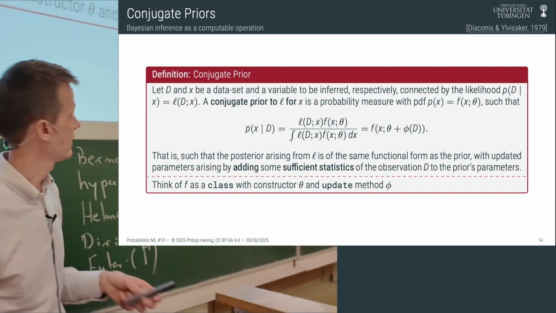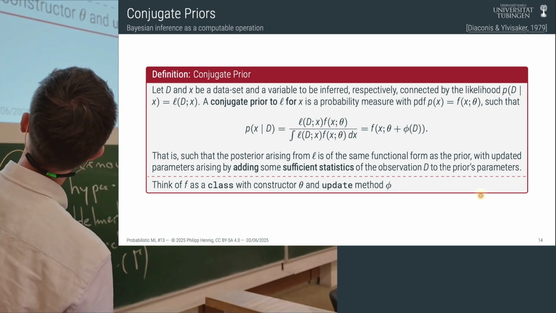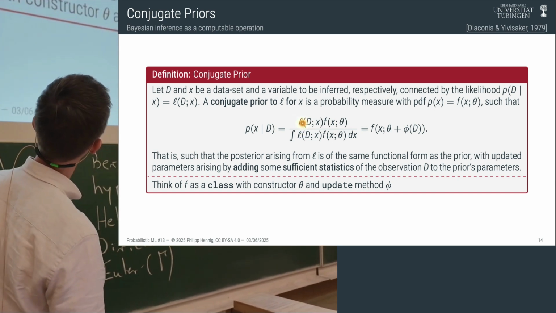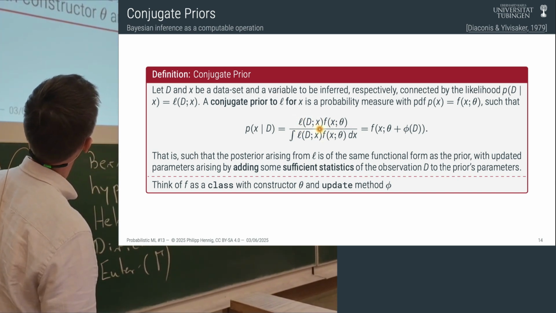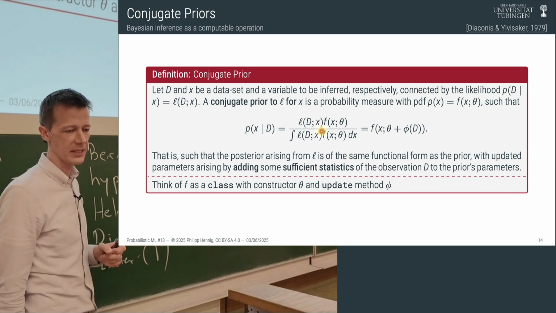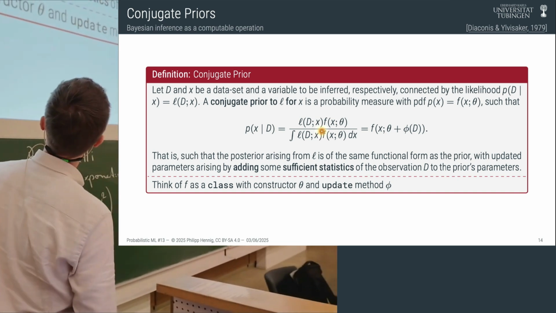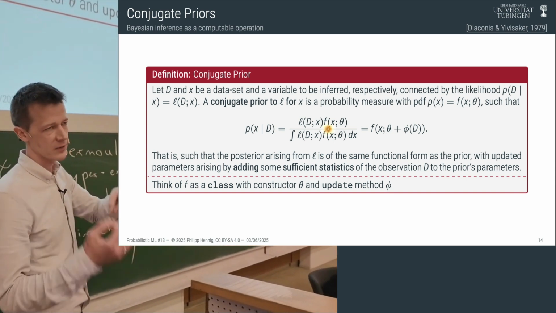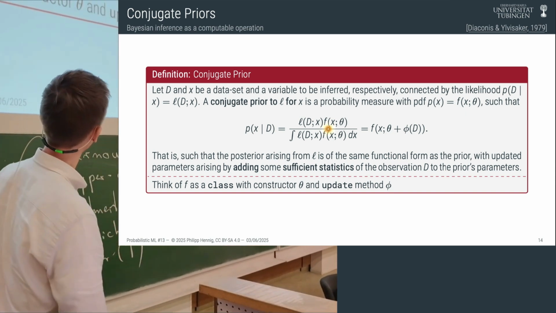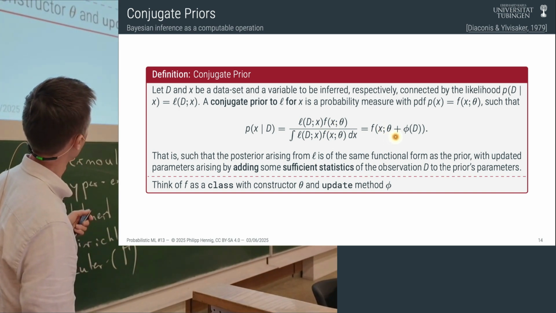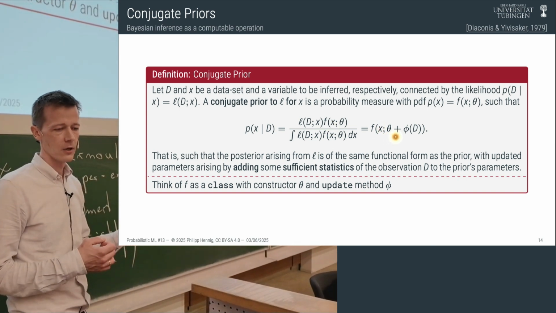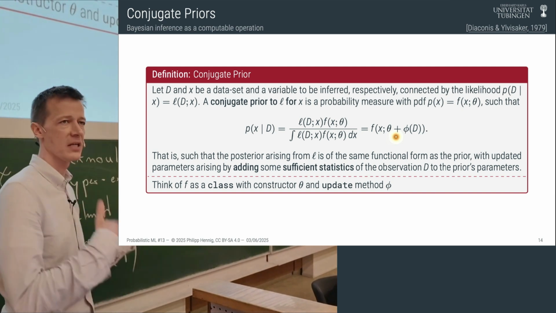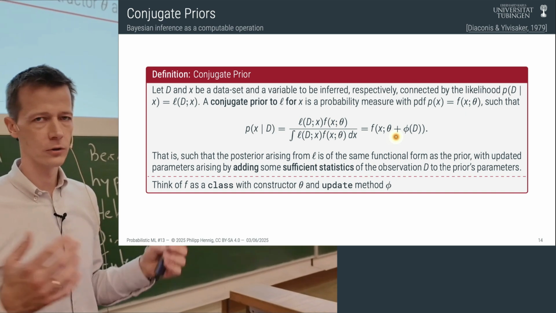So here's an abstract statement for this. A conjugate prior is something that's identified by a likelihood function, which is a distribution over some data set parameterized by some latent quantity x. And then we find a prior for it, which is a probability distribution over x, given some other parameters theta, such that the posterior is of the same functional form as the prior with updated parameters, where the update involves some update function, and it's not called phi accidentally.